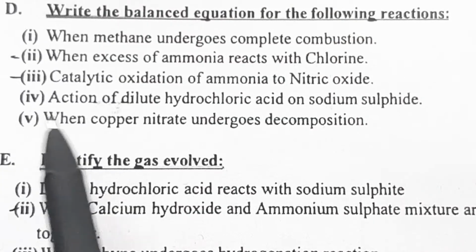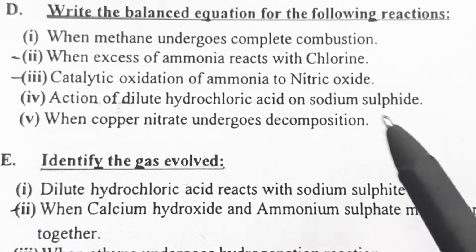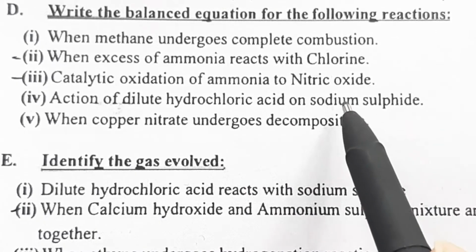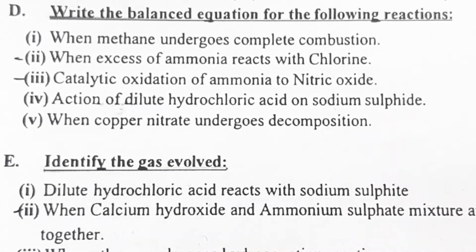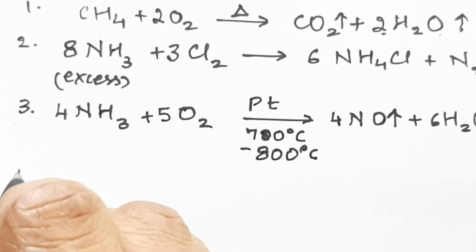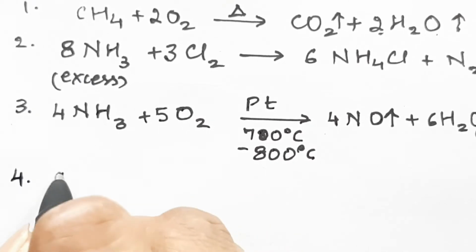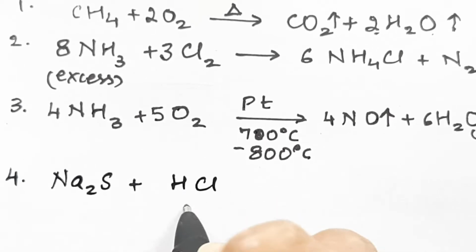We come to the fourth one, action of dilute hydrochloric acid on sodium sulfide. Now sodium sulfide, with Na and S, it will be Na2S, and dilute hydrochloric acid. We will write the reaction. Na2S plus dilute HCl.